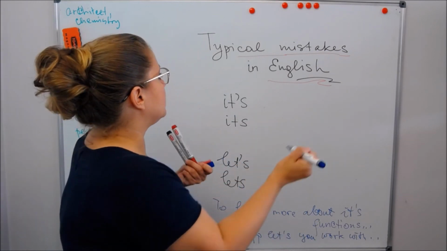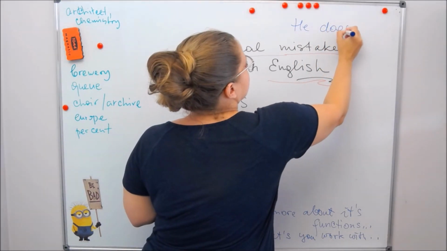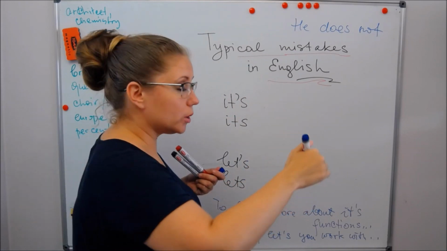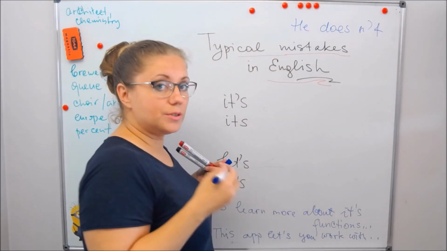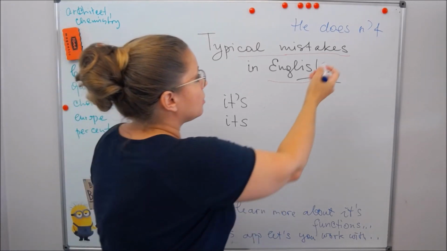So for example, when I say he doesn't, well, initially I had this does not, and then apostrophe covered this missing O, and because of that we now write it together.